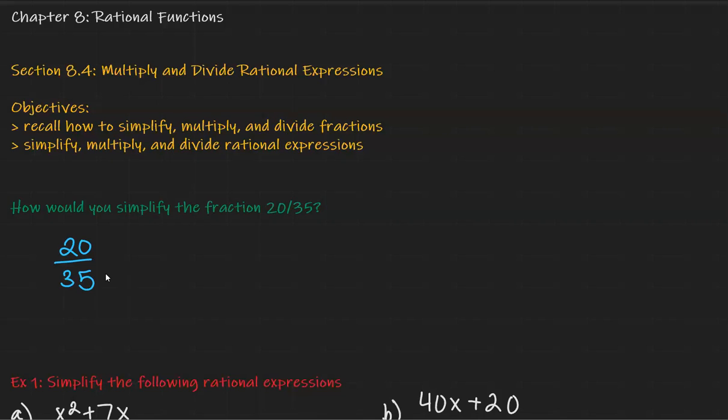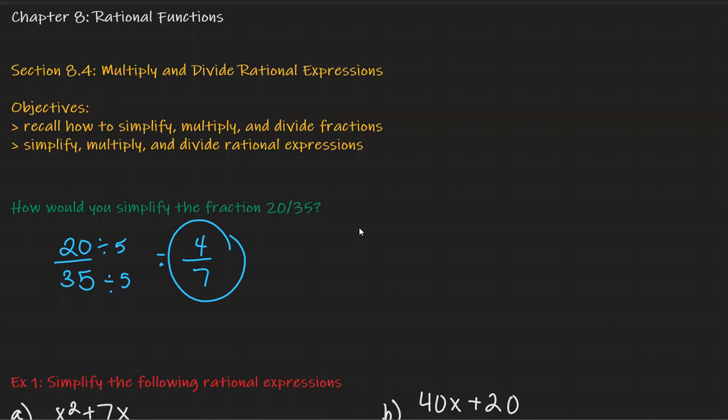You probably look at it and say, what number can I divide both 20 and 35 by? That would be 5. In your head, you do 20 divided by 5, 35 divided by 5. That's going to be 4 over 7, right? And that's how you simplify that fraction.